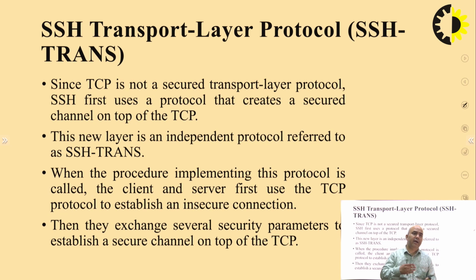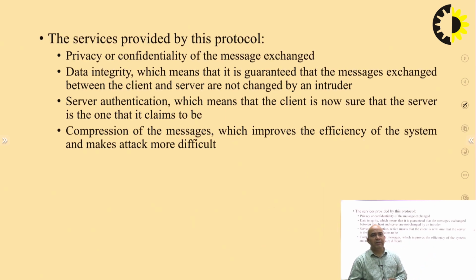Now we have the SSH transport layer protocol, which is used to create a secure channel over TCP. Then they exchange the parameters to establish a secure channel through TCP.